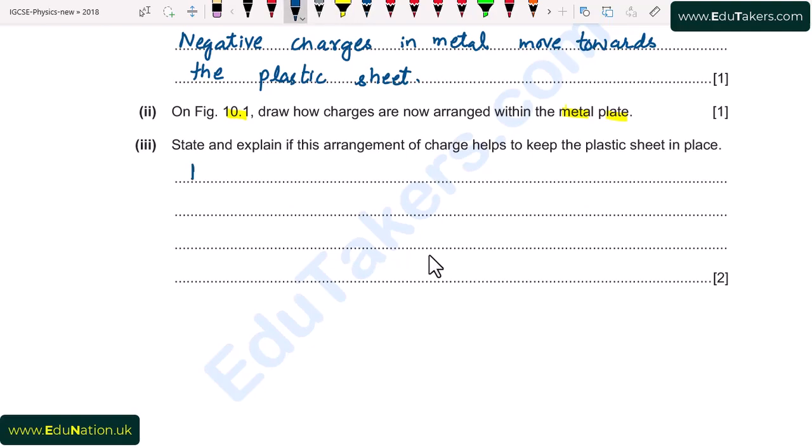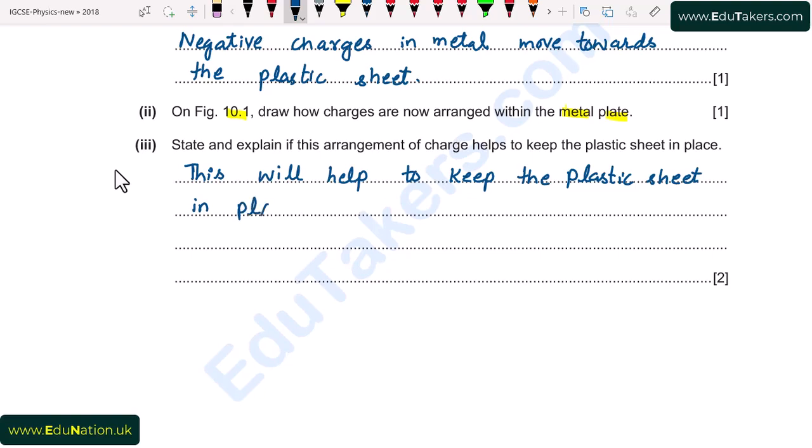So I write here: this will help to keep the plastic sheet in place as opposite charges attract each other.